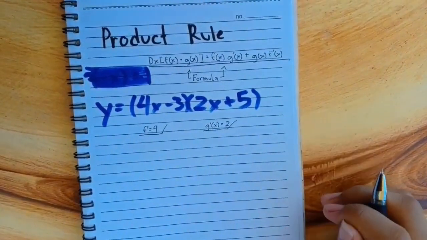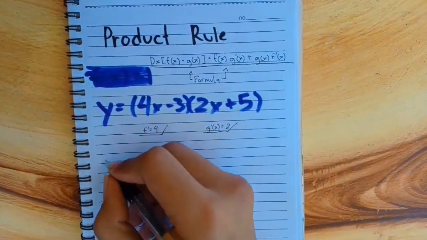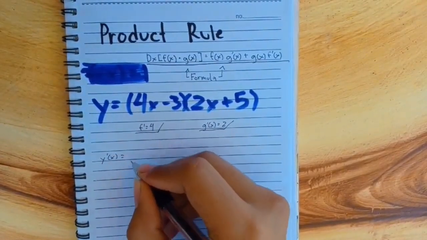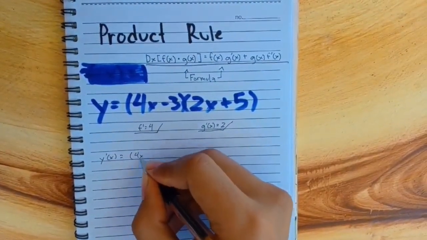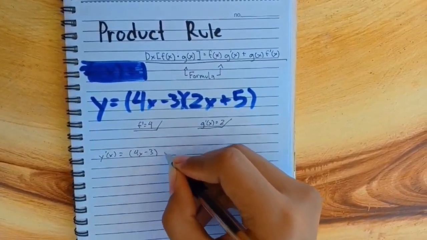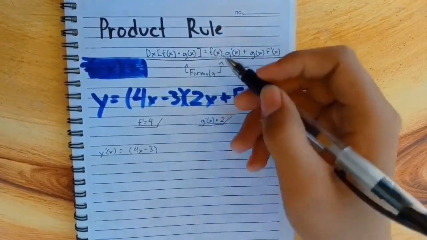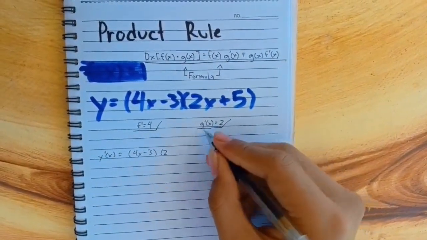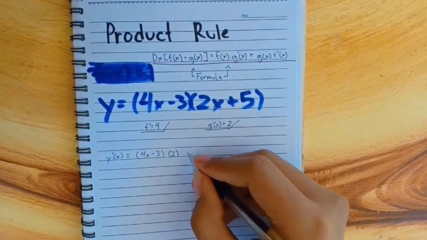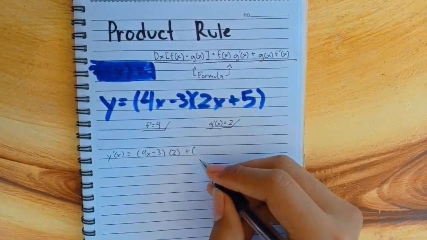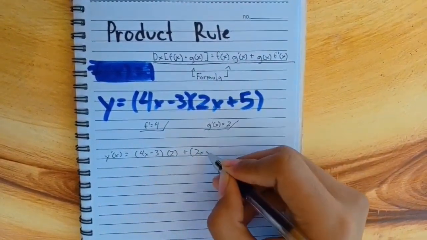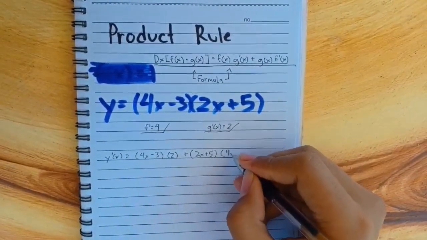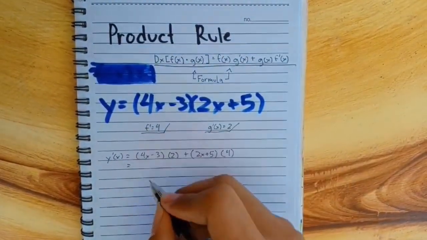And now let us solve. y prime, and we just substitute in the given formula, 2 with the g prime plus 2x plus 5 and the f prime, which is 4, and we just solve for it.